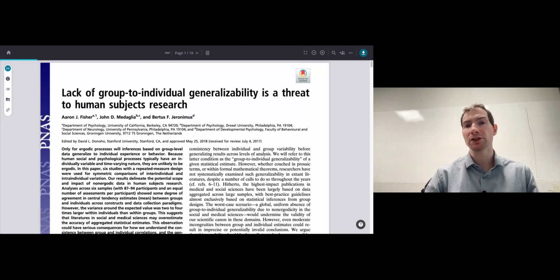"Lack of group-to-individual generalizability is a threat", so they don't mince their words, "to human subjects research." This is published in PNAS in 2018. PNAS is the Proceedings of the National Academy of Sciences in the US. It's a very, very reputable journal, and then we are going to see what they say.